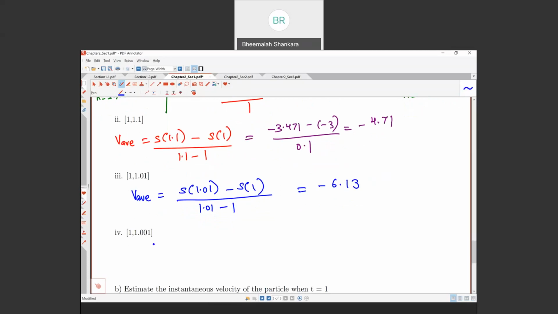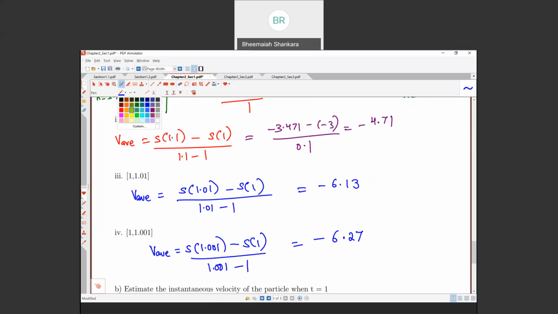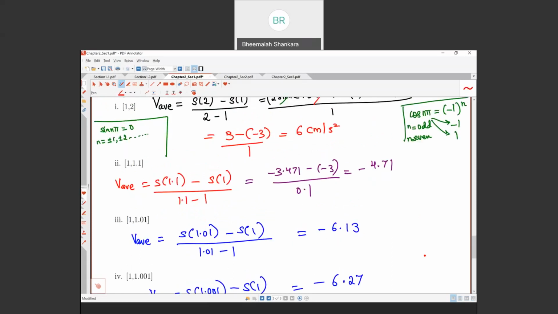The next one is 1.001. So the V average will be S at 1.001 negative S at 1 divided by 1.001 minus 1. Simplify, you have negative 6.27. So we are reducing the size of the interval. Say it was from 1 to 2 to start with.